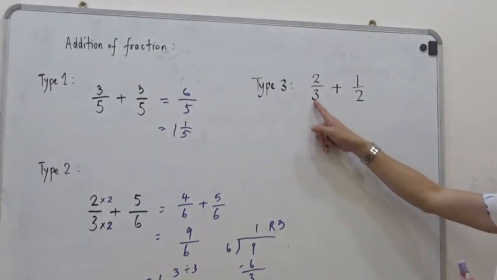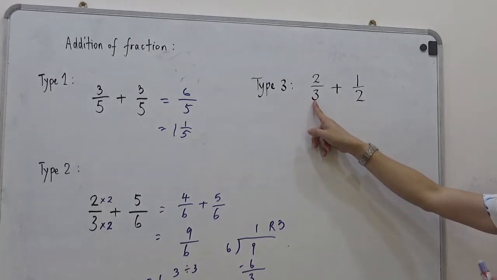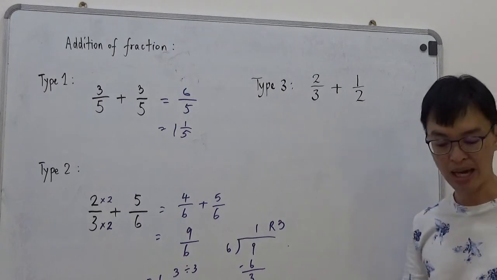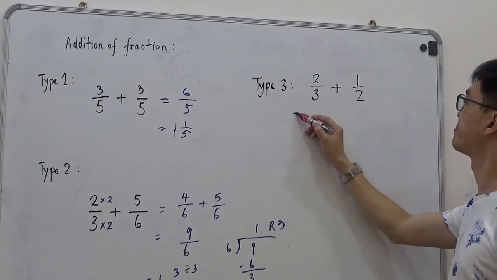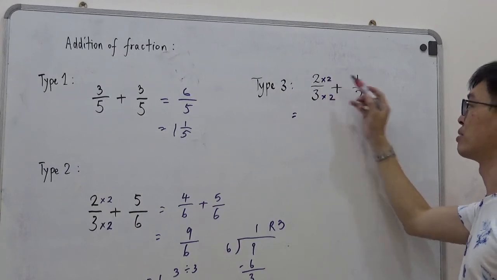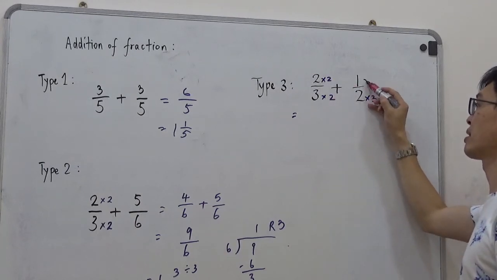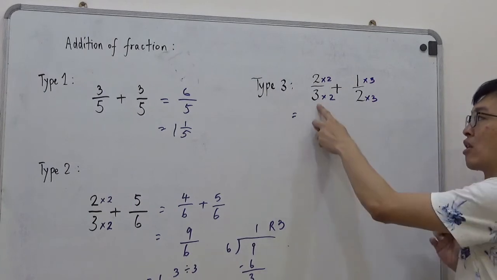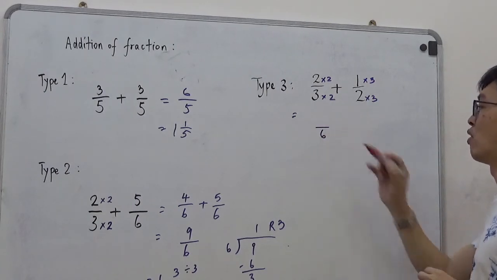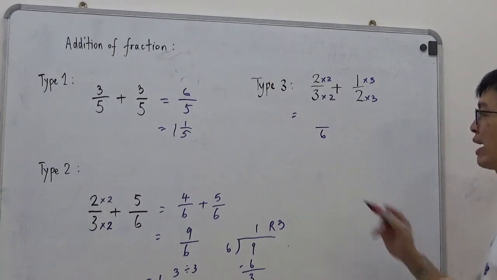Okay? Now, let's come to type 3 of the question. Type 3 of the question, you have denominators of 3 and 2. Now, you got to make the denominators the same. How do we do that? Times 2, times 2, times 3, times 3. Because they have a common multiple of 6. So, over 6. Okay?